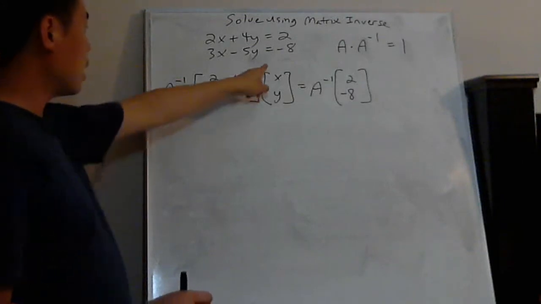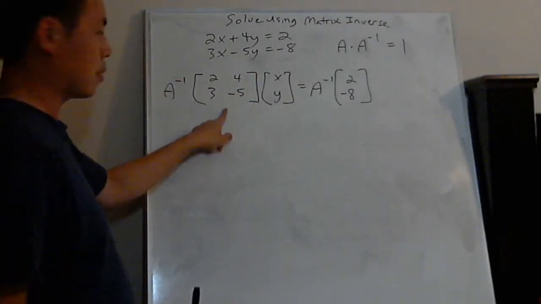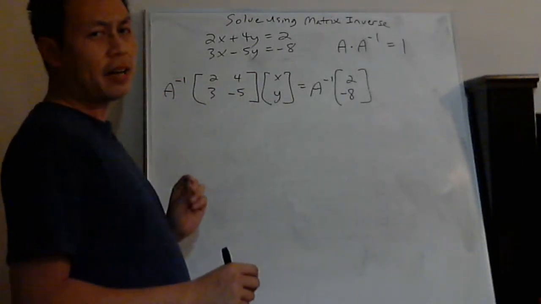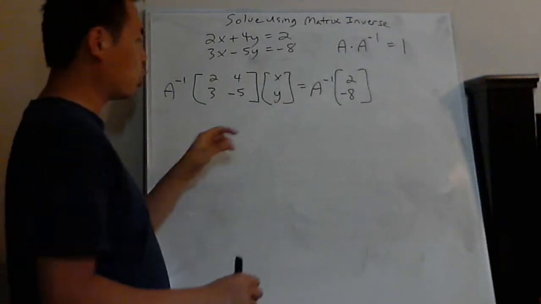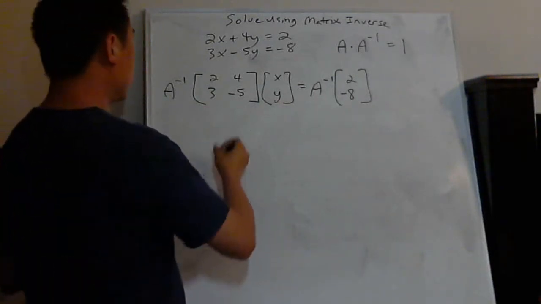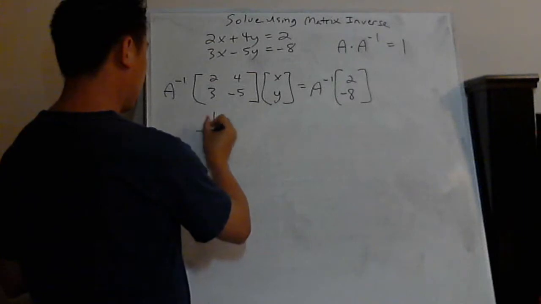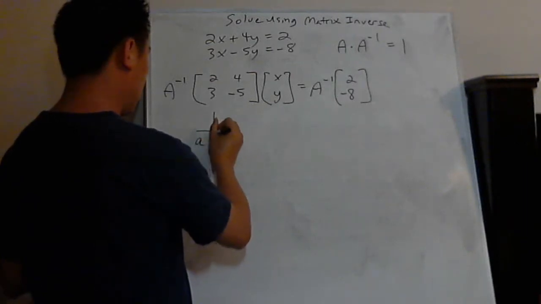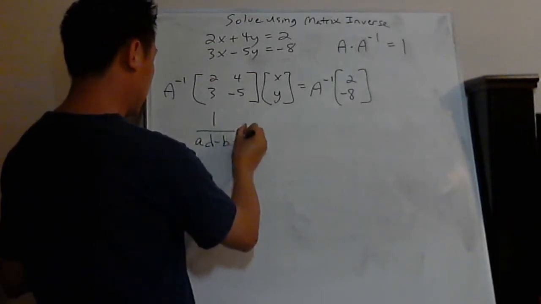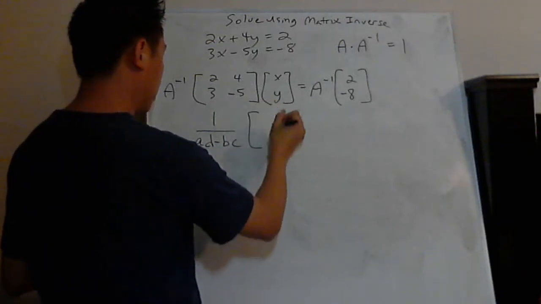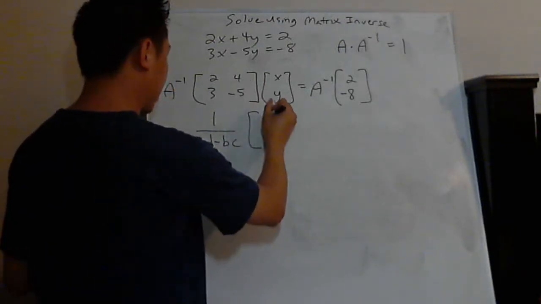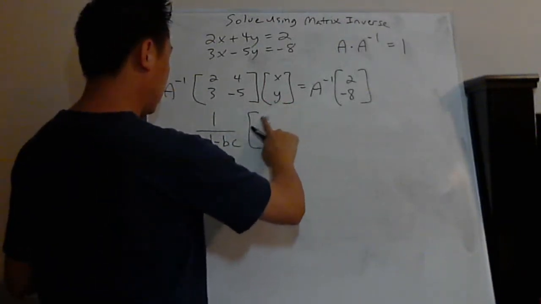So let's find the inverse of this matrix. And how do you find the inverse of a 2 by 2 matrix? Well, it's 1 over AD minus BC.